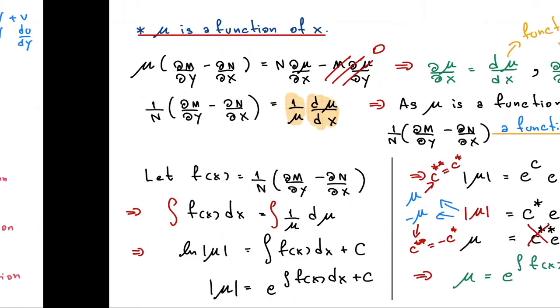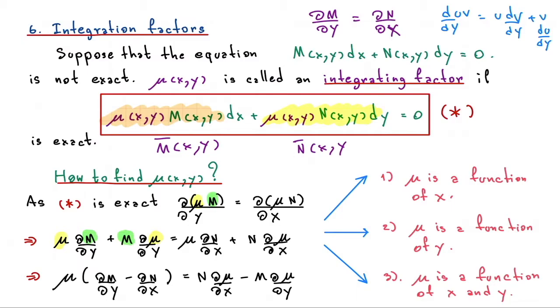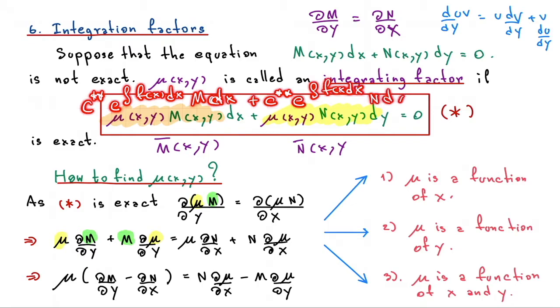Okay, so if you look here again, if I take mu as a C double star e to the integrate fx dx, m dx plus C double star e to the integrate fx dx, n dy equals 0, and then I can divide the whole equation by C double star, so this cancels out, right?